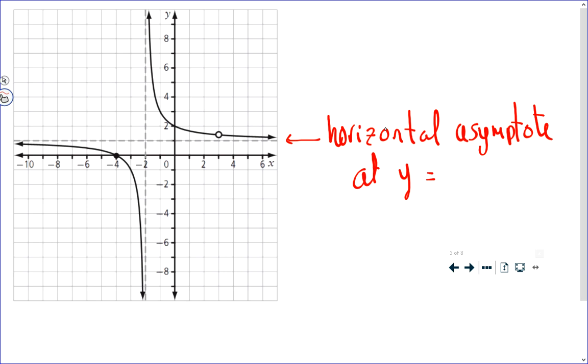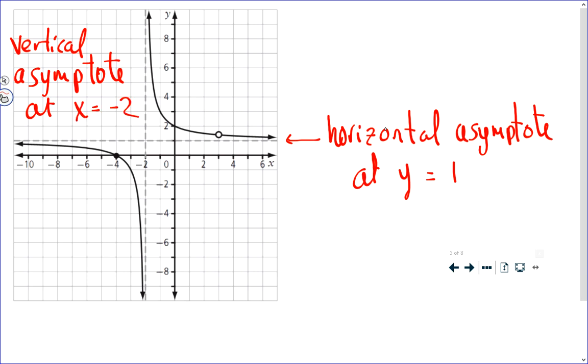There is also a vertical asymptote at x equals -2, but I'm really not too concerned about that. This lesson is on horizontal asymptotes.